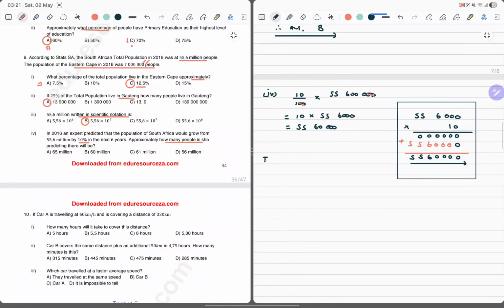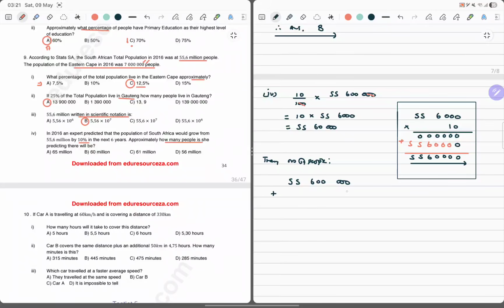So we can say then we know the number of people in the population is going to be 55,600,000. Then we're going to add the increase because we increased by 10%.